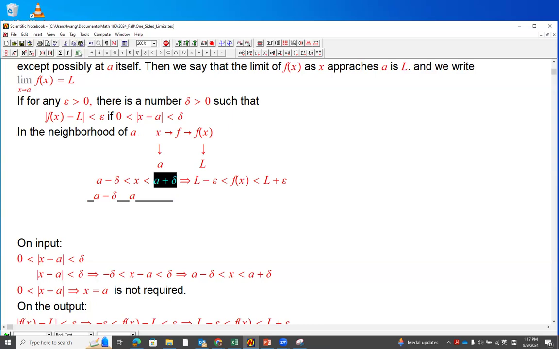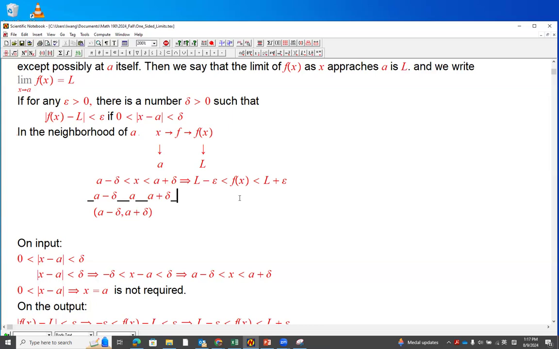So visually you have the interval like that, with a in the center, a minus delta and a plus delta. So that little interval is a minus delta, comma, a plus delta, an open interval.